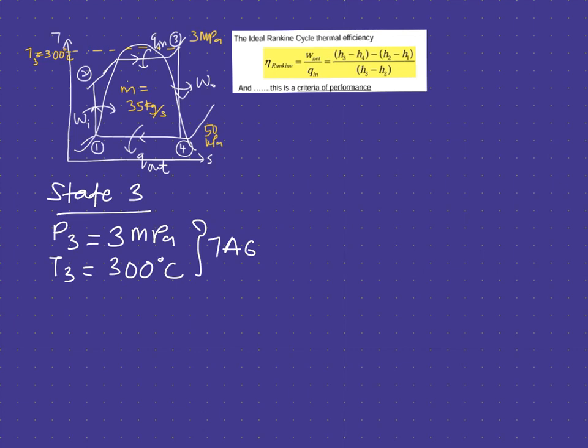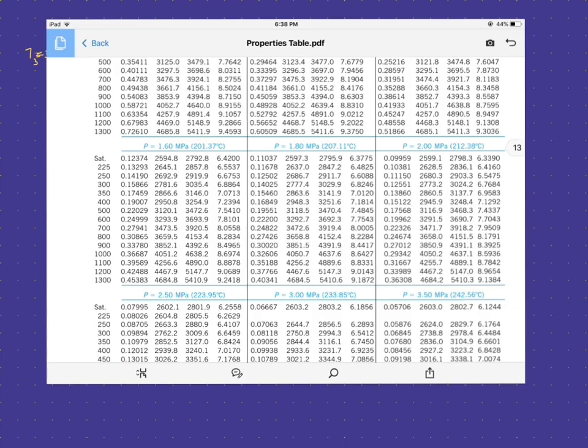So in this case, you are trying to look for your h3. You have your property table over here, which is table A6, and we are looking for your enthalpy value at 3 megapascal and the temperature is 300 degrees C. So take out your ruler. In order for you to find this one, you need your ruler.